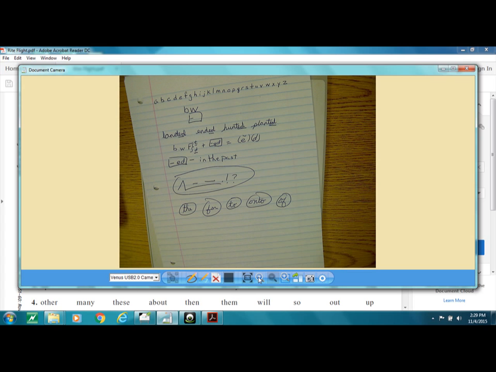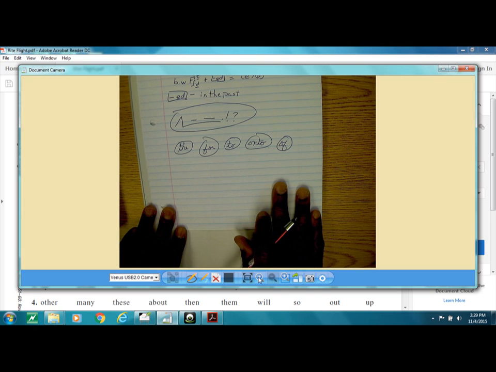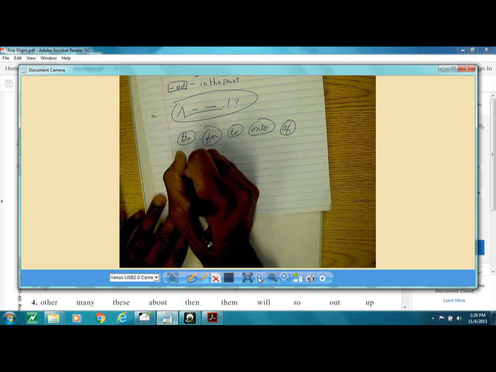The twins are helpful. The twins are helpful.